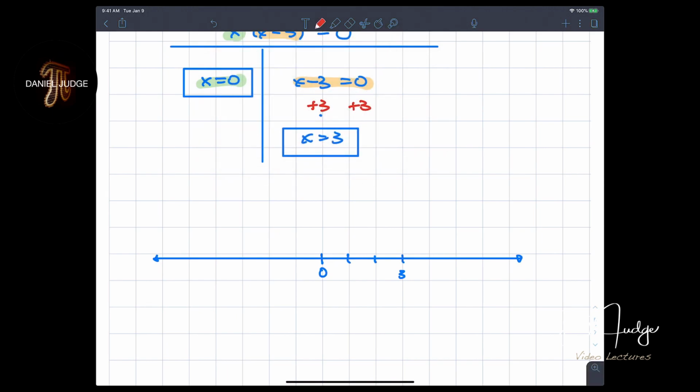I always put a 0 up here and draw my partition through those numbers. So I have region 1, region 2, and region 3. Those are my 3 regions.